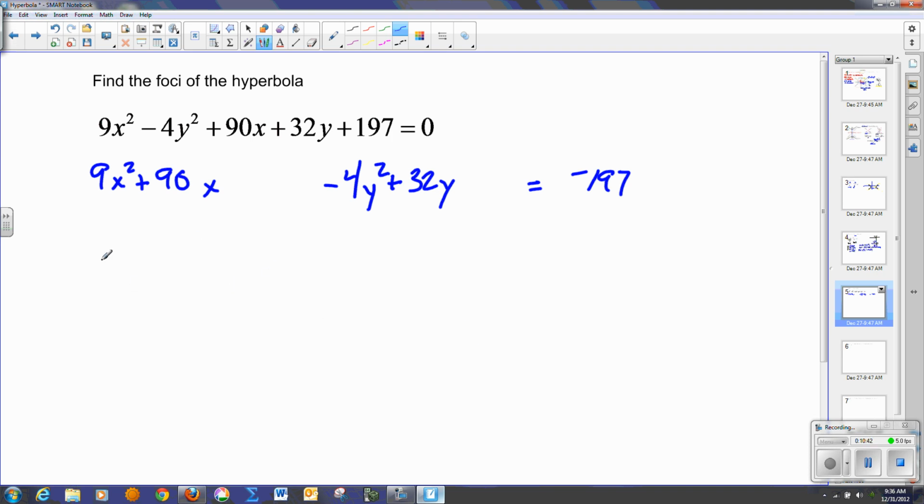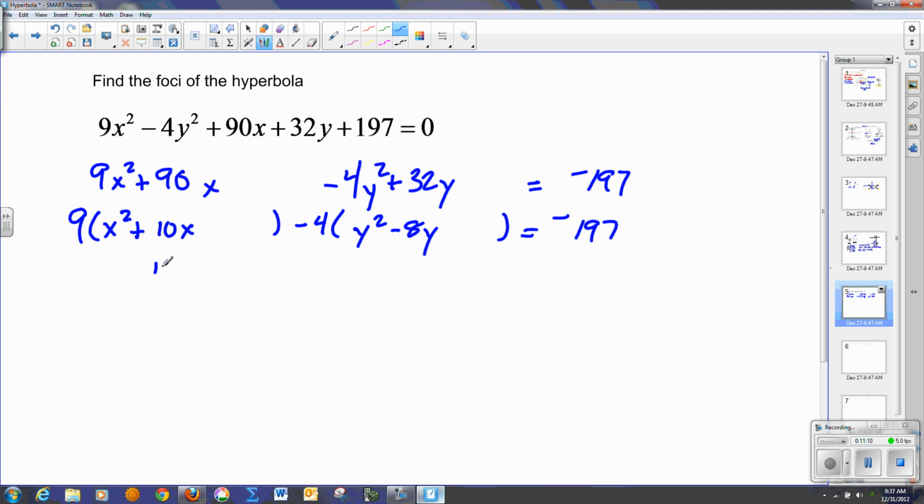In order to complete the square, we're going to have coefficients of 1, which requires factoring. So I pull the 9 out, and I'm going to pull a -4 out, which leaves me with y squared minus, that's going to be important, 8y equals -197.